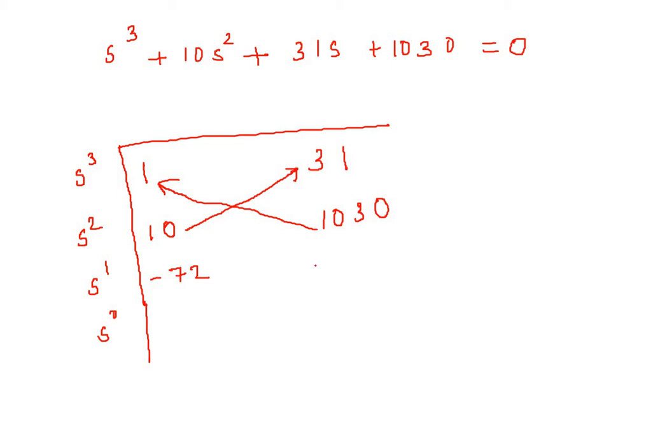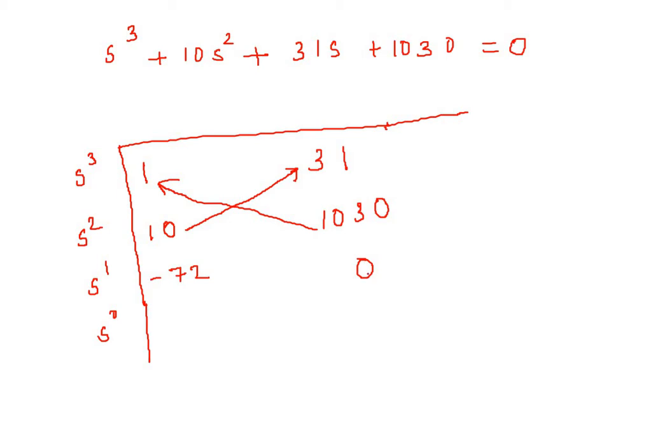Now what is the next element? There are no more elements, only 4 coefficients are there. So the next element will be 0. You can directly write a 0 if there are no elements here. In this table there are only 2 columns, 1 and 31, and 10 and 1030.